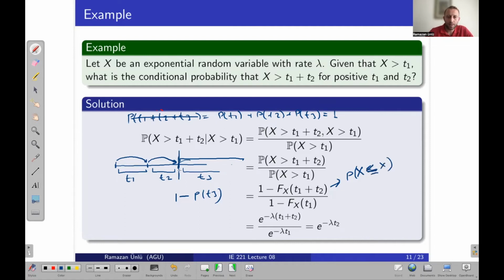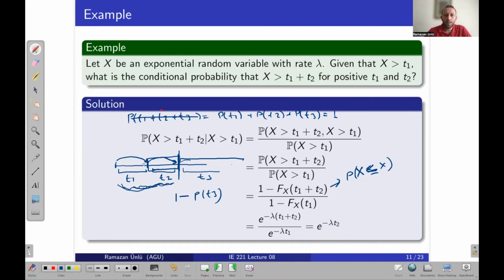So that's the limit, and 1 minus the probability of T3 will give me this region, right? When I calculate this whole region, I end up with the probability of this part. What that means is that the probability of this part wasn't affected by the past, okay?